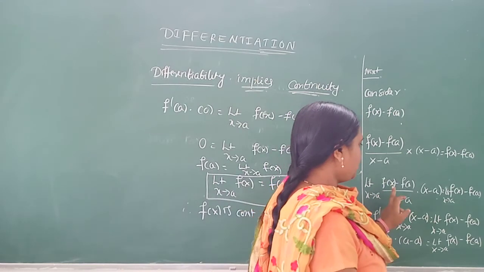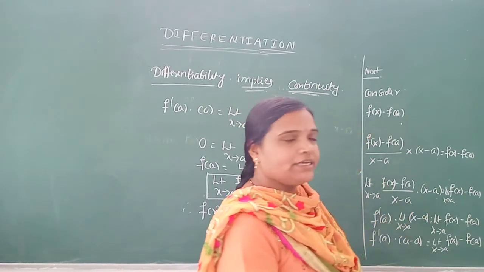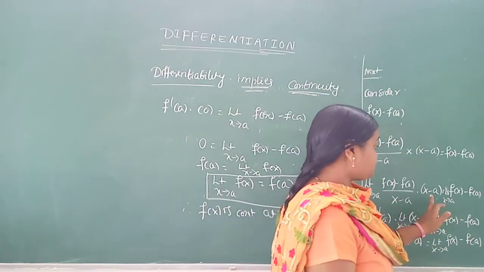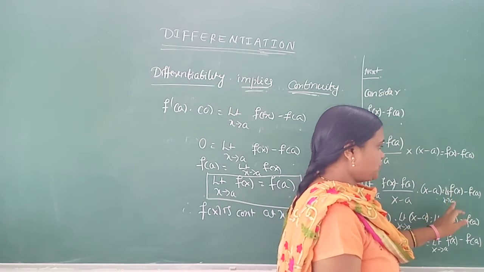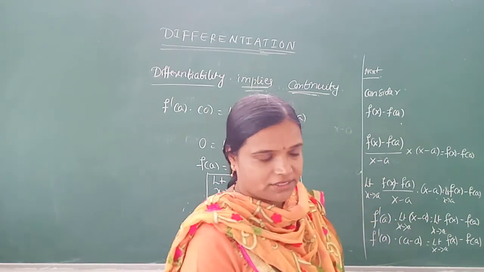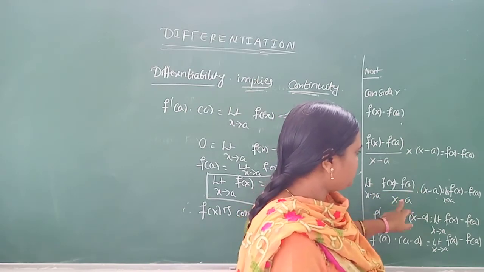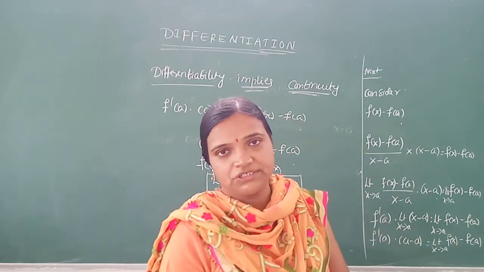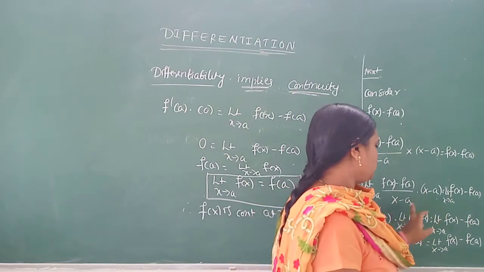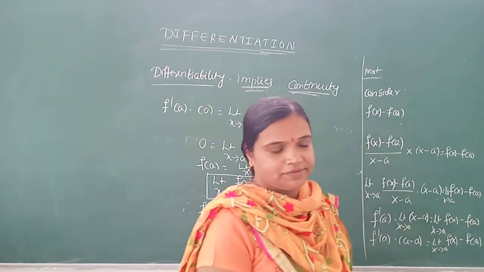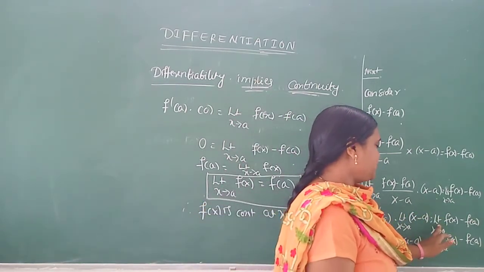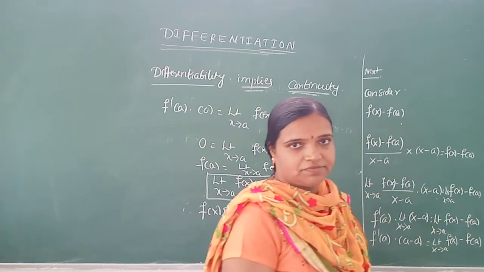Limit as x tends to a, f of x minus f of a divided by x minus a, into x minus a, equals limit x tends to a, f of x minus f of a. Next apply: limit x tends to a, f of x minus f of a divided by x minus a, nothing but what it is, f dash of a, into limit as x tends to a, x minus a. Okay. This is equal to limit x tends to a, f of x minus f of a.